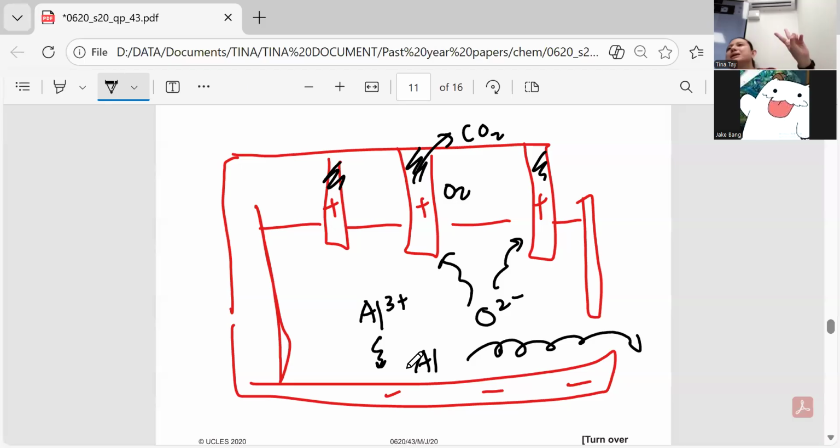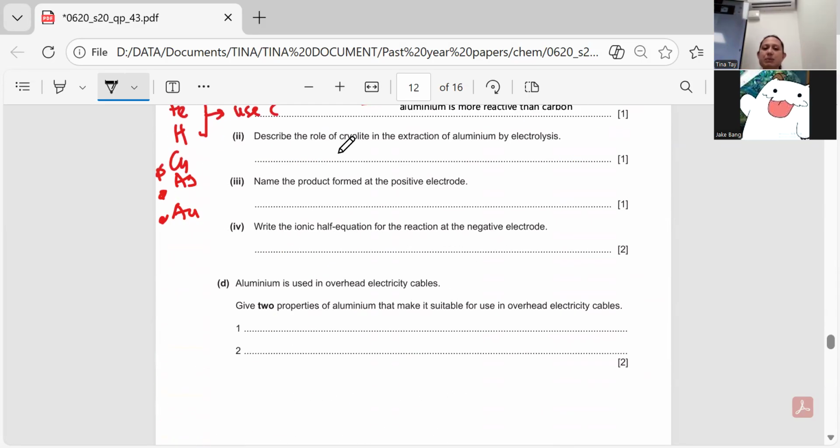The melting point is 2000. Can you use 2000? Cannot. So you add cryolite. If you say cryolite lowers the melting point, wrong. What happens is cryolite is the solvent. Aluminium oxide dissolves in it so that it can become ions, and it lowers the operating temperature.